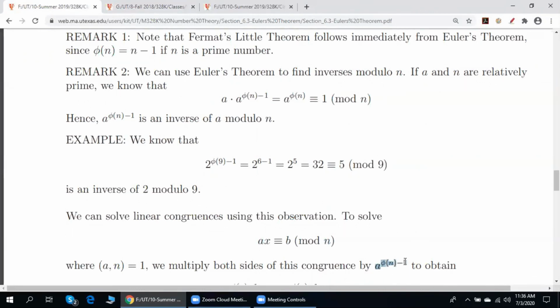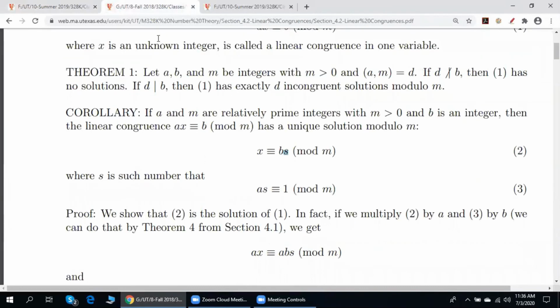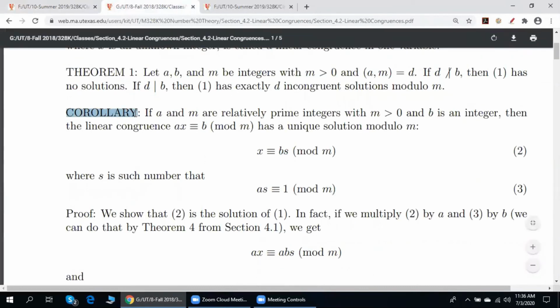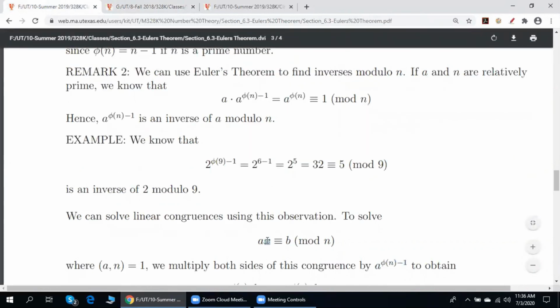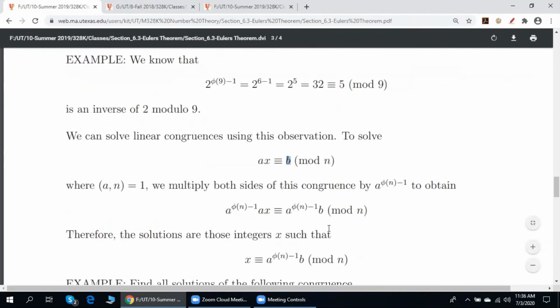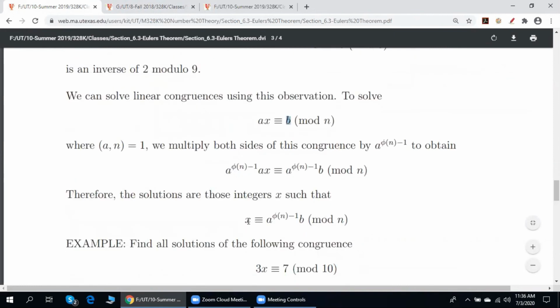Here is the inverse. Therefore, by this corollary, in order to find a solution of this congruence, we just multiply this by this. It's exactly what is written here.